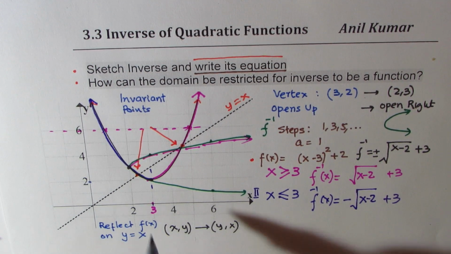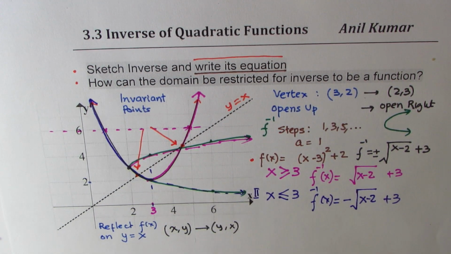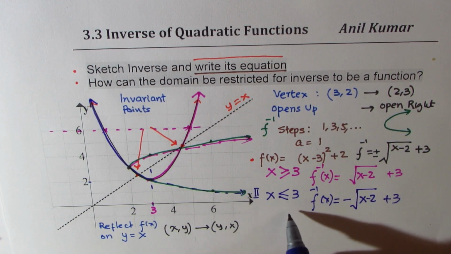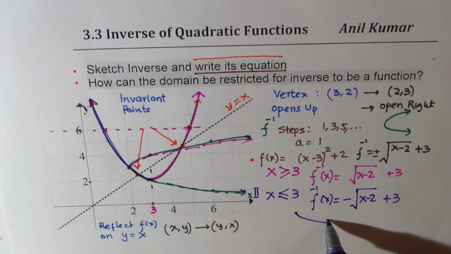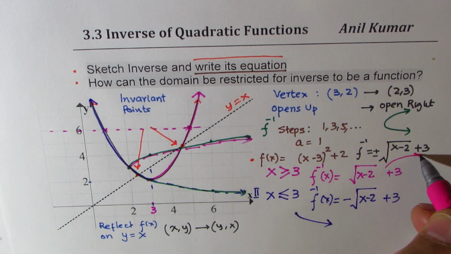Do you see that? Which is the lower part of the parabola, which opens sideways. So if you do this, then what you get as the inverse function is this part. And if you take the right side, then the inverse function is the upper part of the parabola.